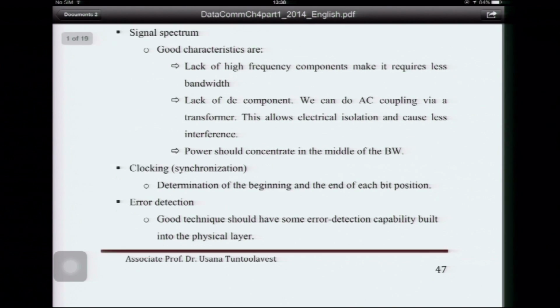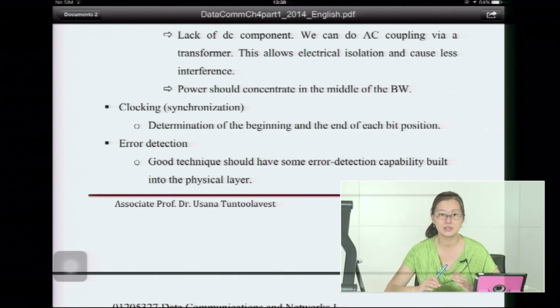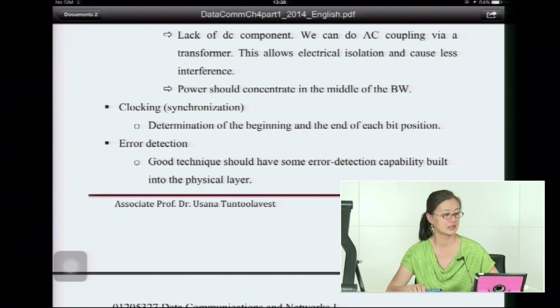Another property is the clocking property. This is for synchronization. You have to determine the beginning and the end of the bit position to do synchronization. So it's good if the coding can give you information on the synchronization.